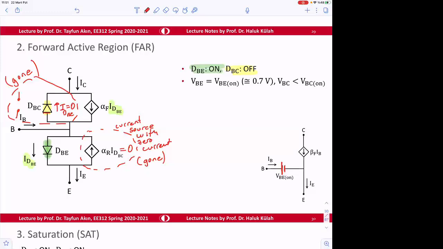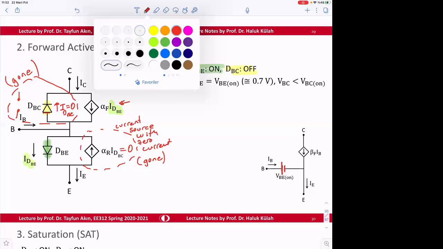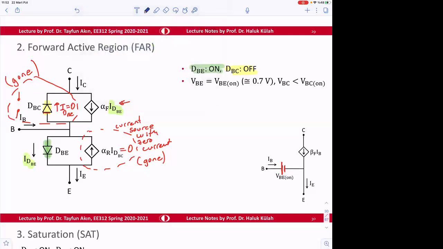That's the diode model, and the current here is going to be related to the base current. Maybe I should do this step by step. The model will be like this.